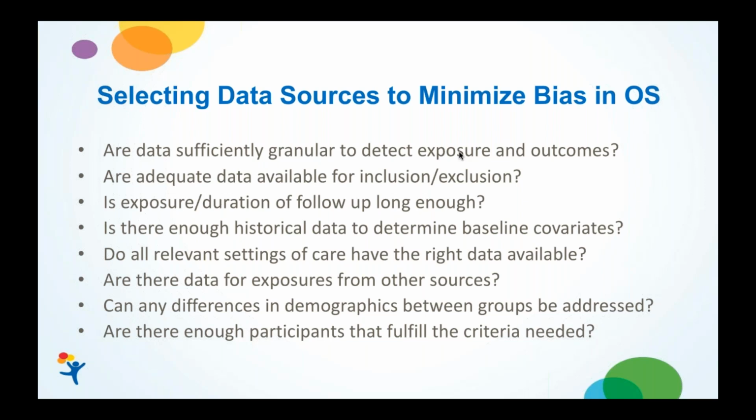And then also, are there data for exposures from other sources? This is the idea about adequate data for inclusion or exclusion, but it can also relate to covariates. For example, a really common one is death data. If you're using EMR data, like I know our EMR is not linked to deaths outside of our hospital setting.